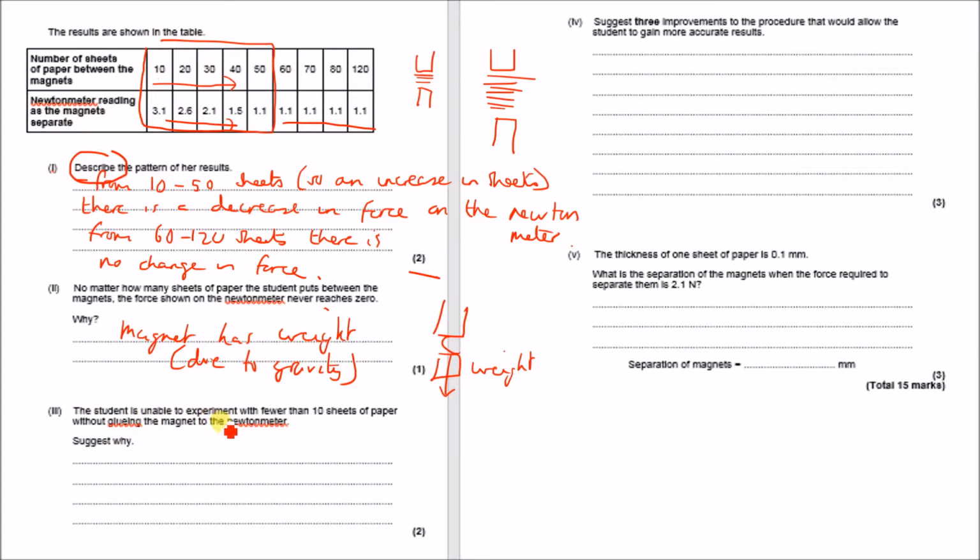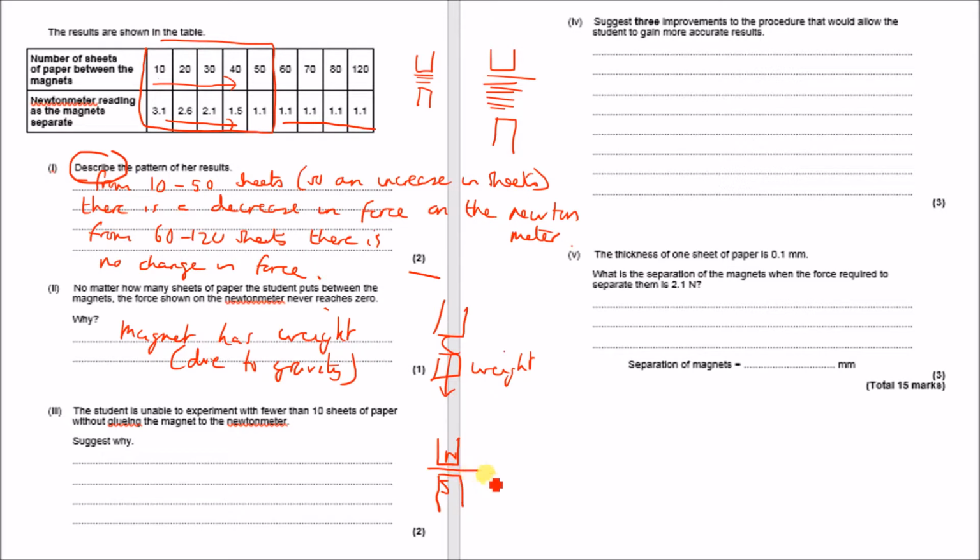Right, the student is unable to experiment with fewer than 10 sheets of paper without gluing the magnet to the Newton meter. Suggest a reason why. Right, well, if you think about it, say we just have one piece of paper here, the attraction between the North and the South Pole is going to be much greater.